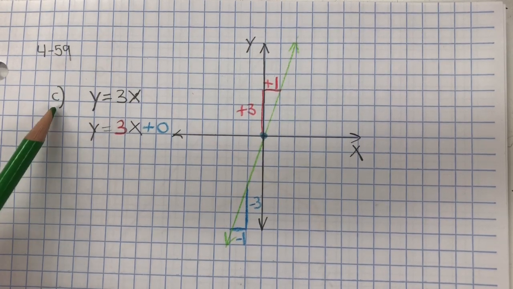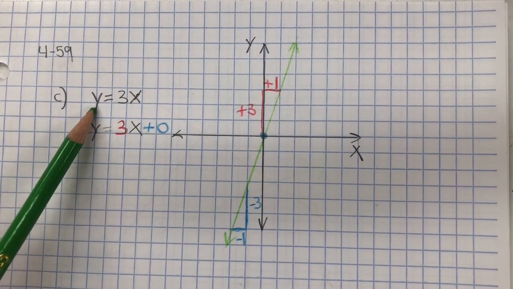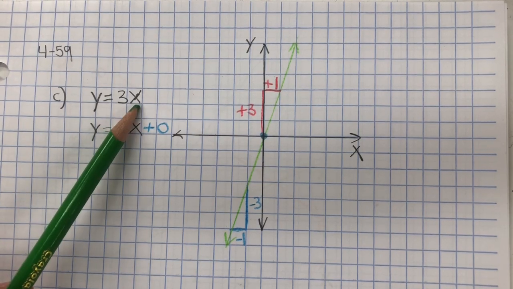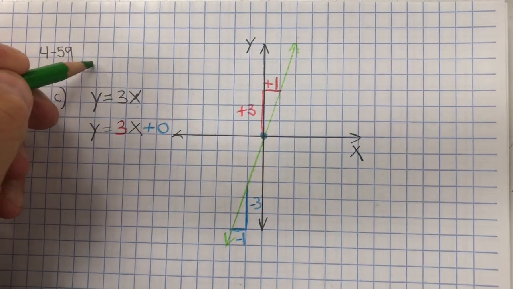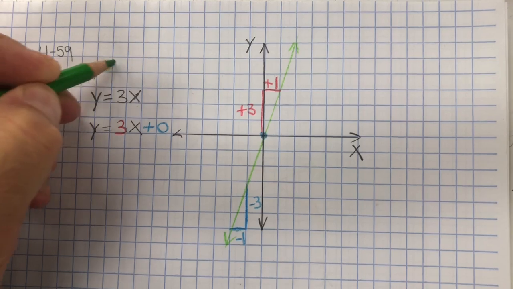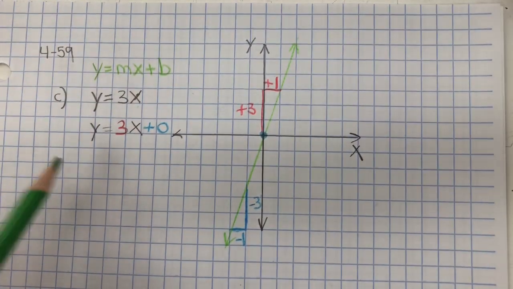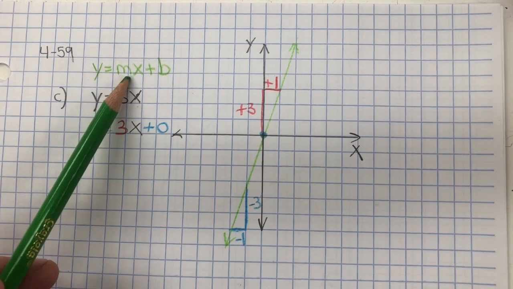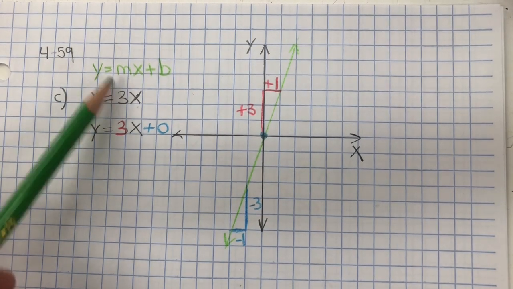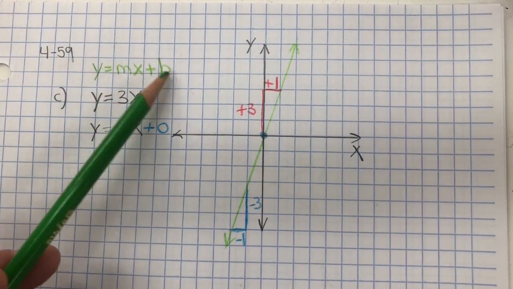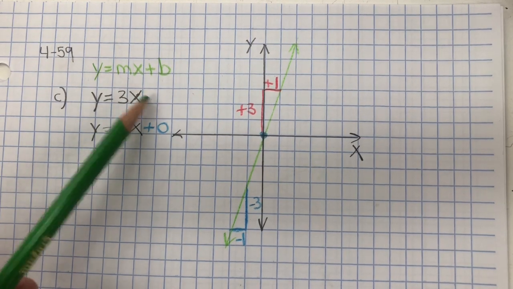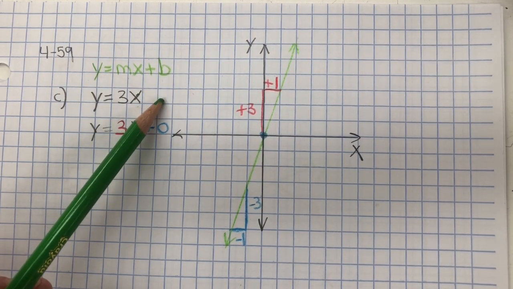For 459C, the equation is y equals 3x. Well, we've been dealing with y equals mx plus b. And remember, the m is the rate of change. b is your initial value, but there is no b value here.